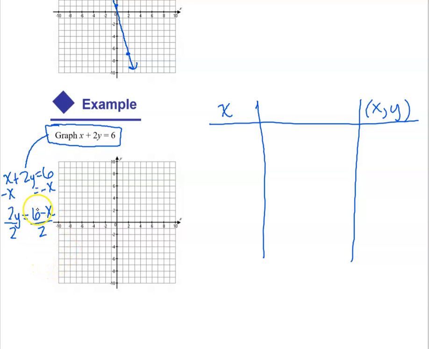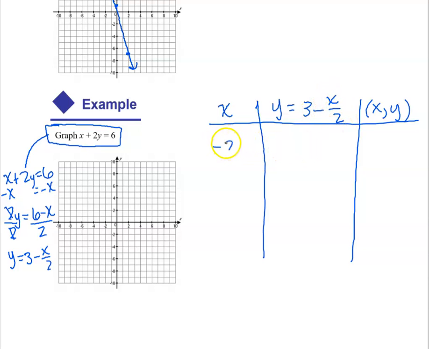And you can leave it like this. I like to go ahead and reduce it. So 6 divided by 2 is 3, and then this is just going to be x over 2, or 1/2 times x. And that's going to make it a little bit easier for me.